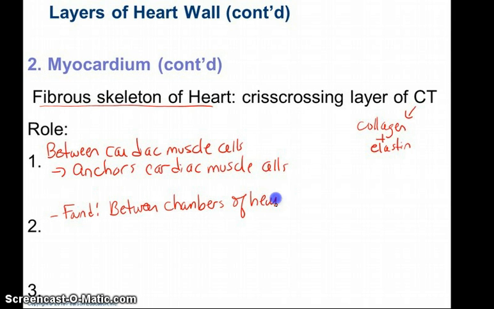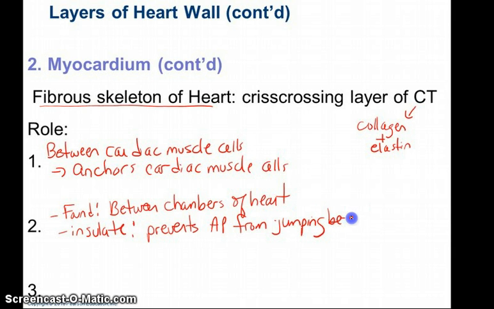And when you find it here, its role is to insulate. And in that sense, it prevents the electrical charge or the action potential from jumping from one chamber to the other. So again, it prevents the AP, for action potential, from jumping between chambers. So it's electrically insulating the chambers of the heart.